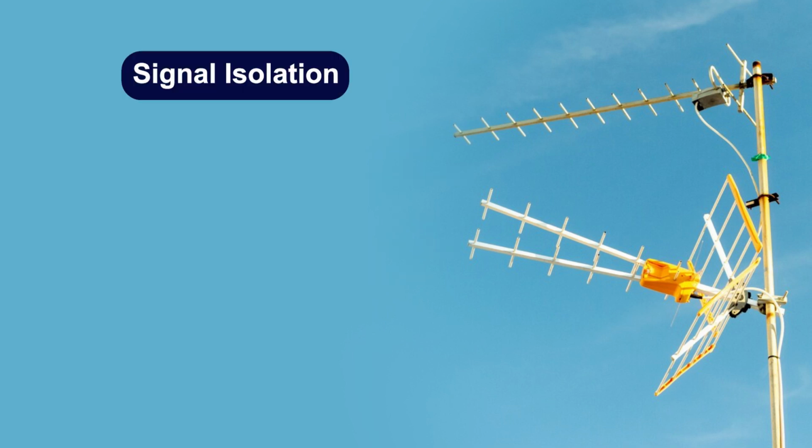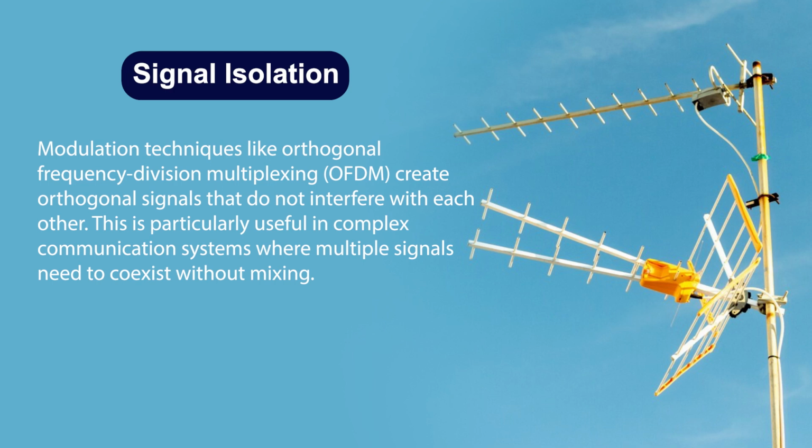Signal isolation: modulation techniques like OFDM, that is orthogonal frequency division multiplexing, create orthogonal signals that do not interfere with each other. This is particularly useful in complex communication systems, where multiple signals need to coexist without mixing.